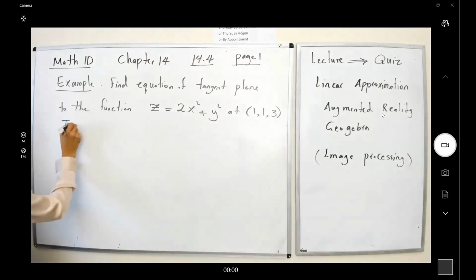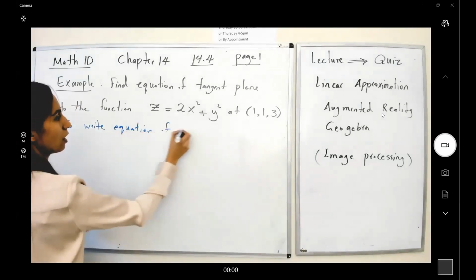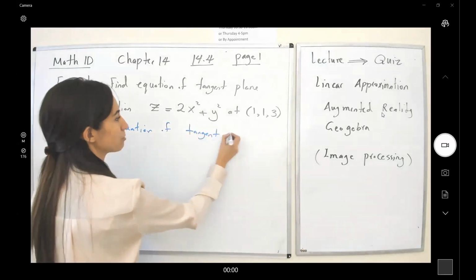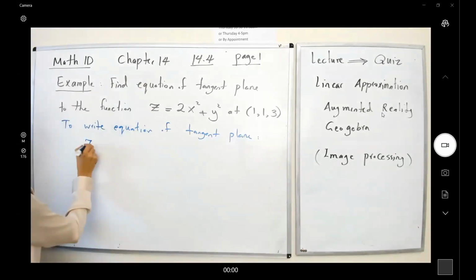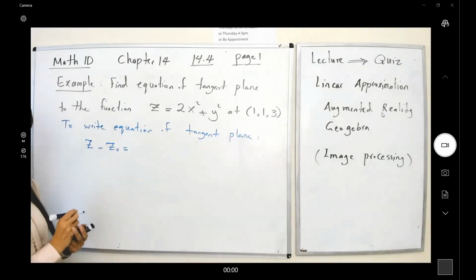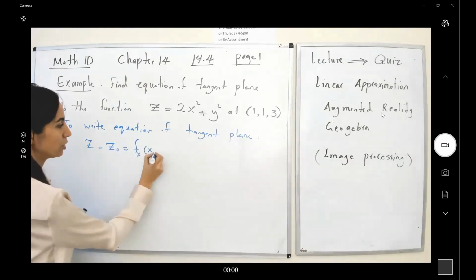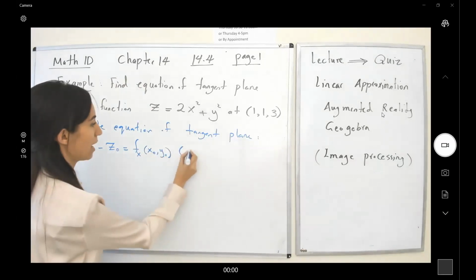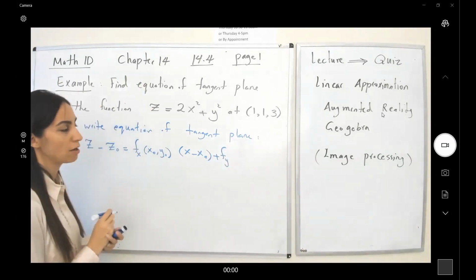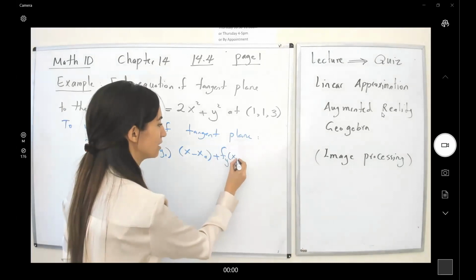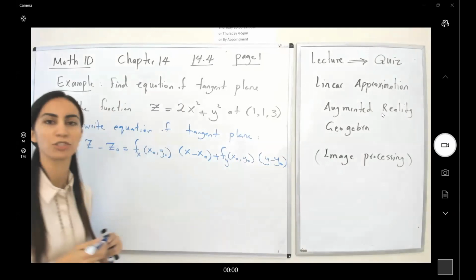So to write the equation of the tangent plane, we're going to follow the formula that we just learned. z minus z sub 0 equals the derivative of the function with respect to variable x at that point times x minus x sub 0 plus the derivative of the function with respect to variable y at that given point times y minus y sub 0.